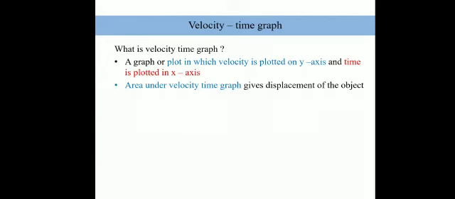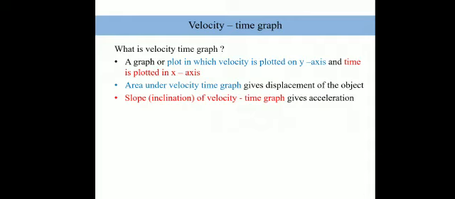Then we will see the area under the graph. After drawing the line or graph, whatever area is there under the graph always gives displacement. In a velocity time graph, the area under the graph always gives us the displacement of the object. Then the slope, or the inclination, is how much that line is tilted from the x-axis.